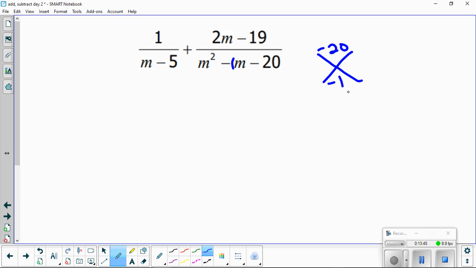So we're looking for factors of 20 that subtract to be 1. Negative 5 and positive 4. So here's what I've got. I don't like you anymore. I like you like this. Are we okay with that?